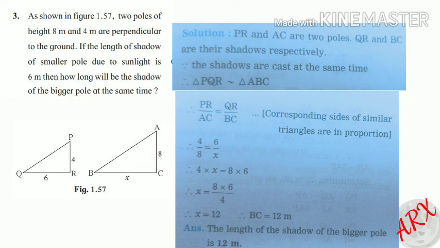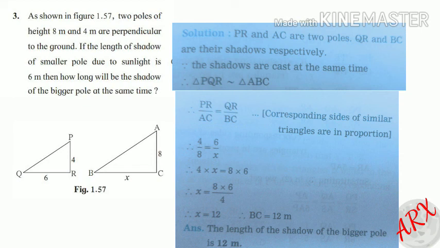As corresponding sides of similar triangles are in proportion, hence PR upon AC equal to QR upon BC. Now put the values: 4 upon 8 equal to 6 upon x. Now do cross multiplication. 4 into x equal to 8 into 6.